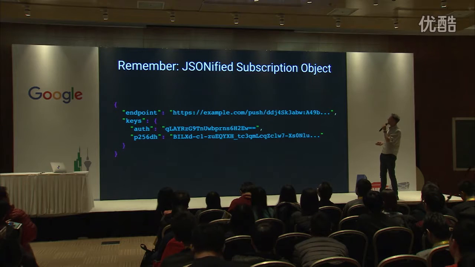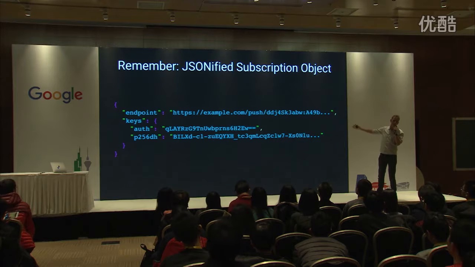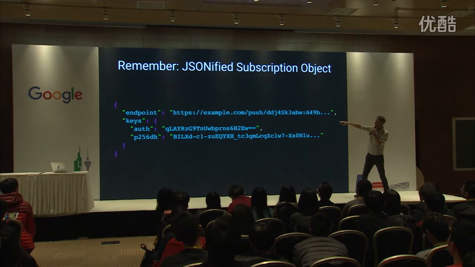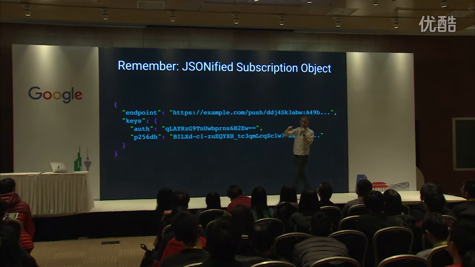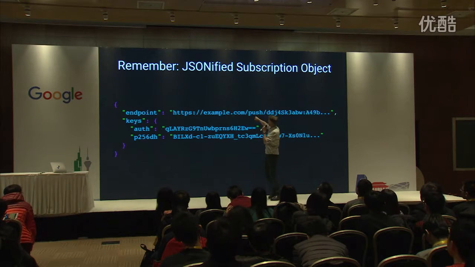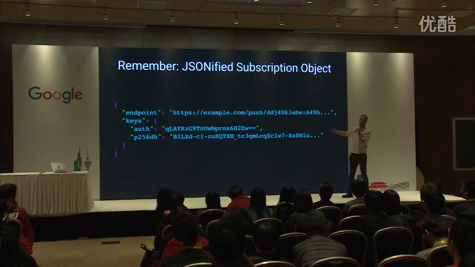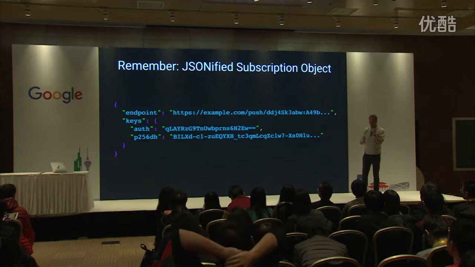Let's actually have a look at the payload for that. Remember, the subscription object identifies the user. This is given to us by the browser. At the start here, we have the URL for the push service, and the last part of this is the identifier for the individual user.